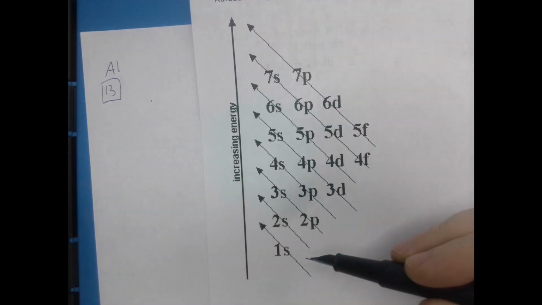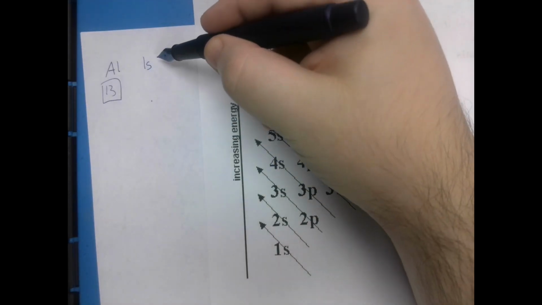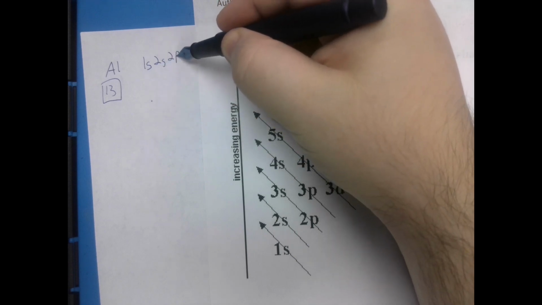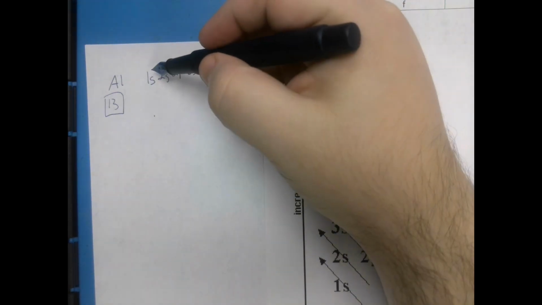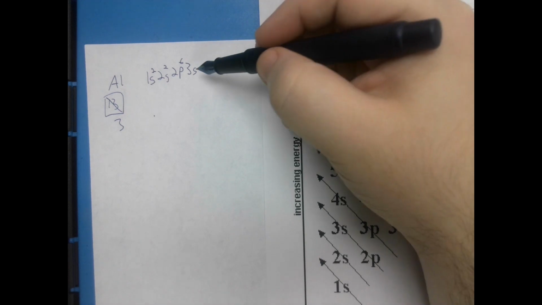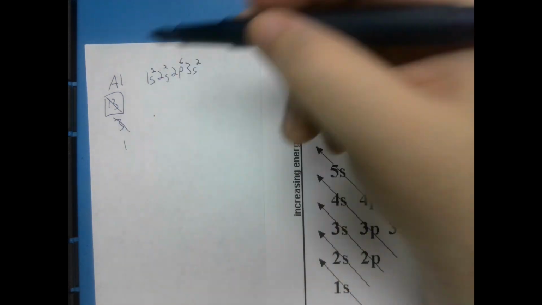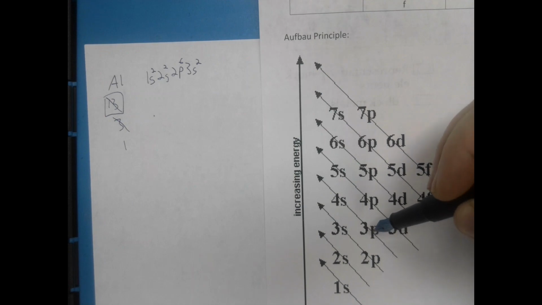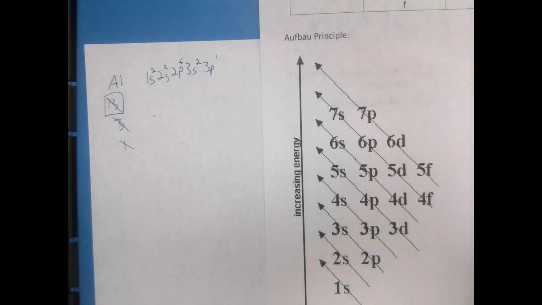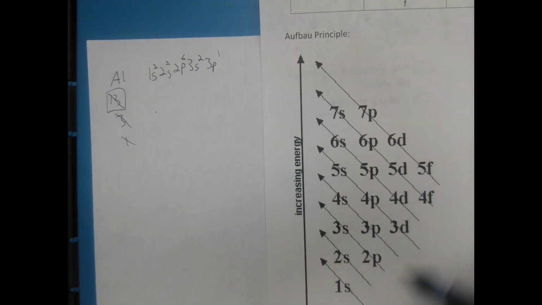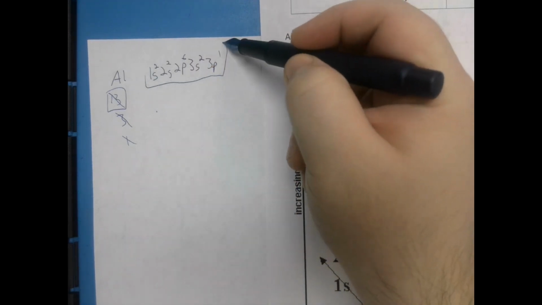And if we use Aufbau's rule, we're going to start with 1s, then 2s, then 2p, then 3s. We'll stop there: 2, 2, 6, that's 10, which means I have 3 left. 2 is going to go in the 3s, which makes 1 left, which means 3p is the next one. And I'll put that 1 in the p. So using this diagram, we can write the electron configuration.